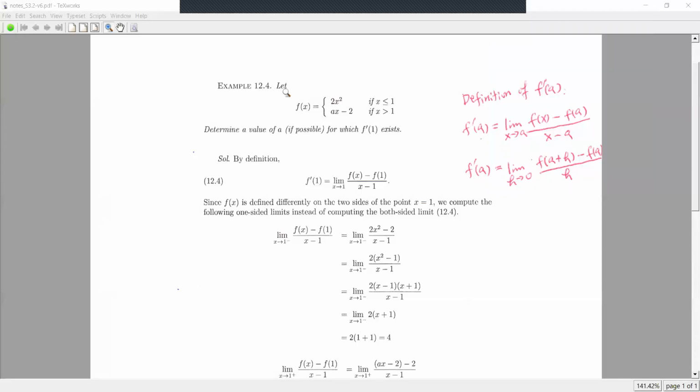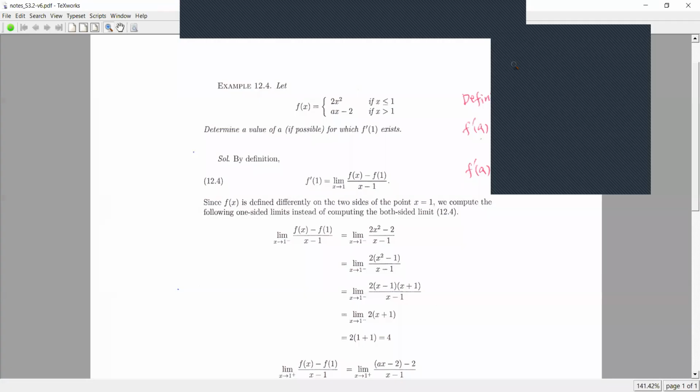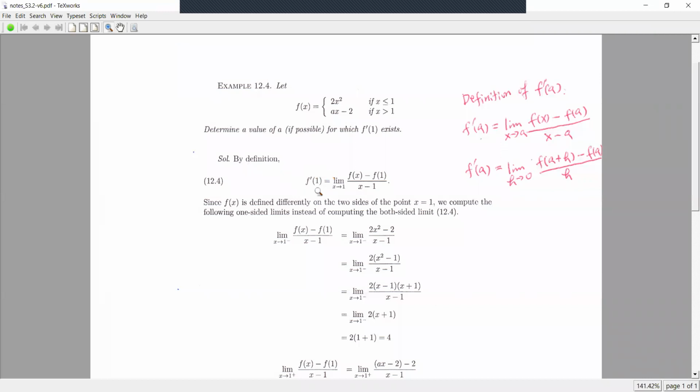Example 3. Let f be this function. This function is defined piece by piece. The a here is some number. Now, determine a value of a so that the derivative of the function f at the point 1 exists. By definition, derivative f prime of 1 is this limit.